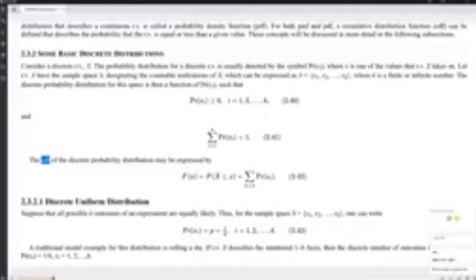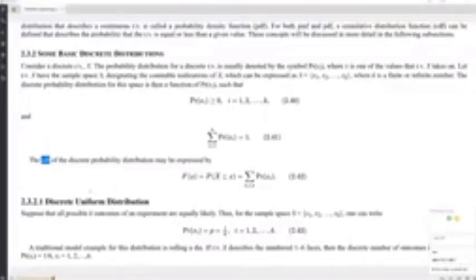So let me write that down in our notebook. The cumulative distribution function is usually denoted in short as a CDF.